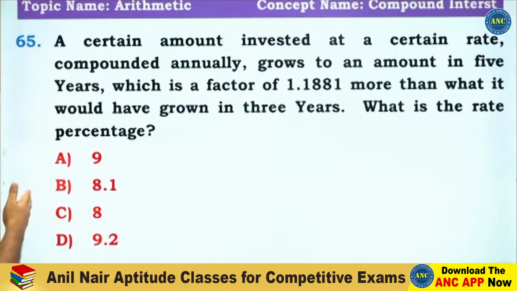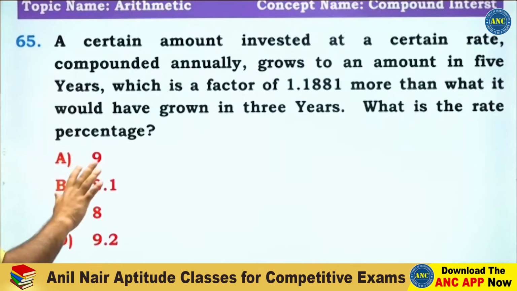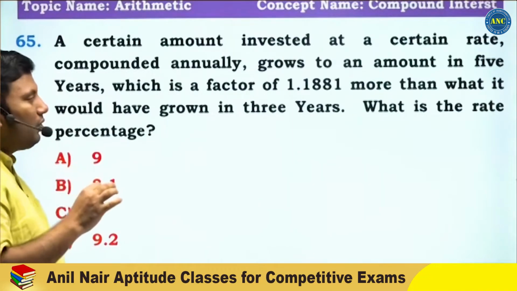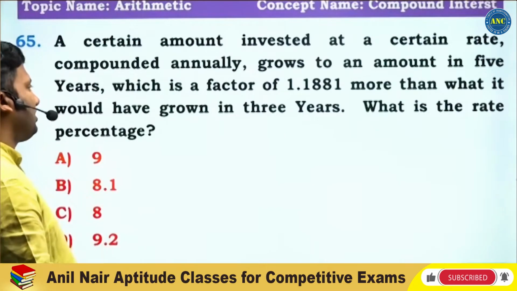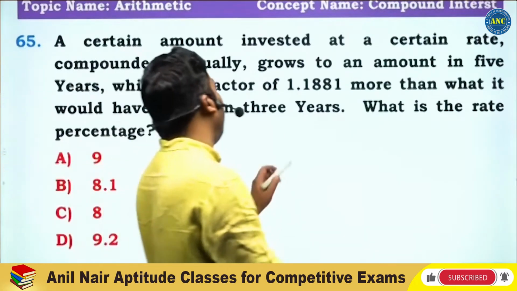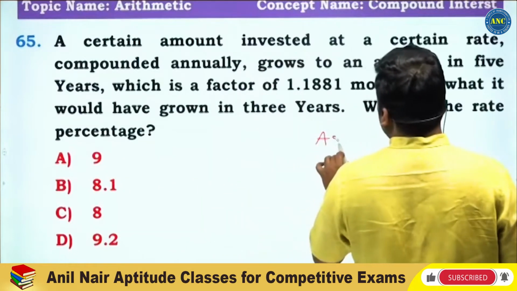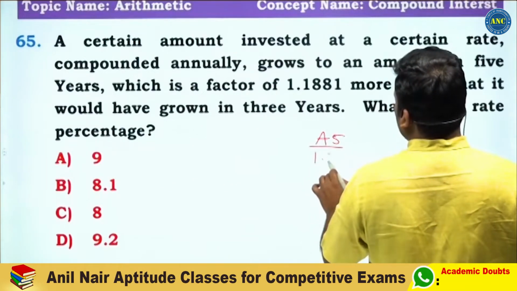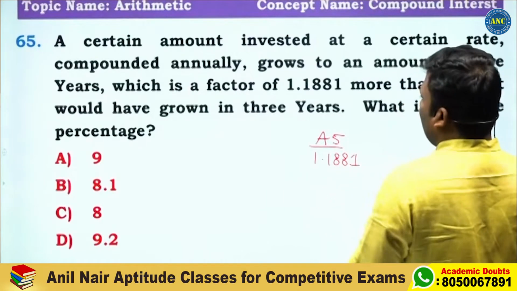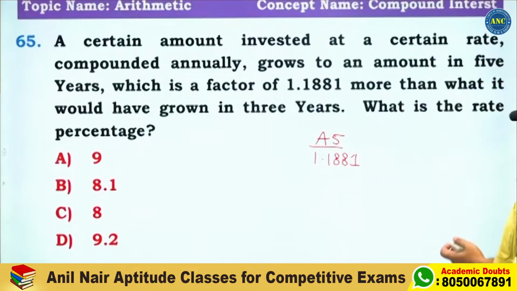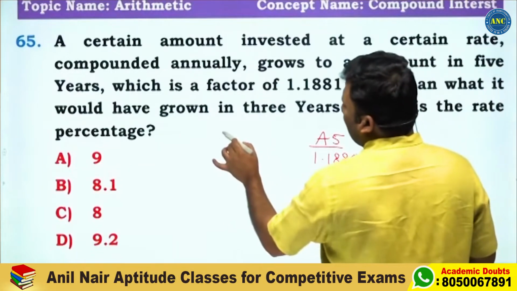Question is, a certain amount invested at a certain rate, compounded annually, grows to an amount in 5 years, which is 1.1881 more than what it has grown in 3 years.